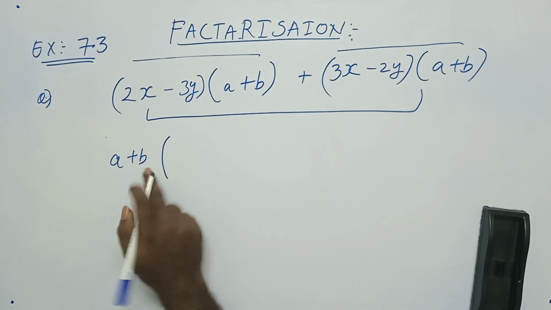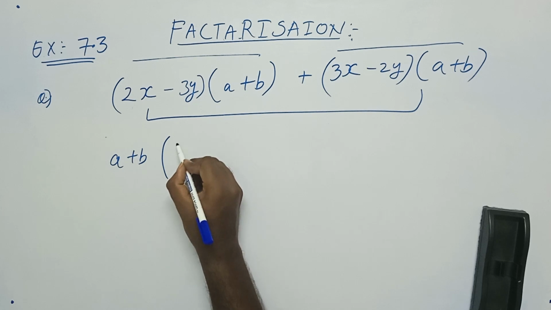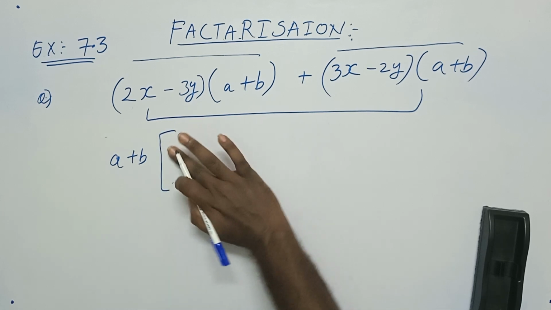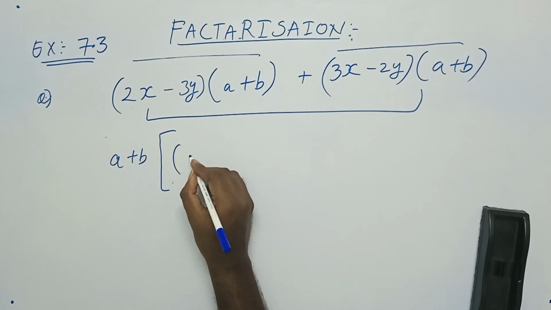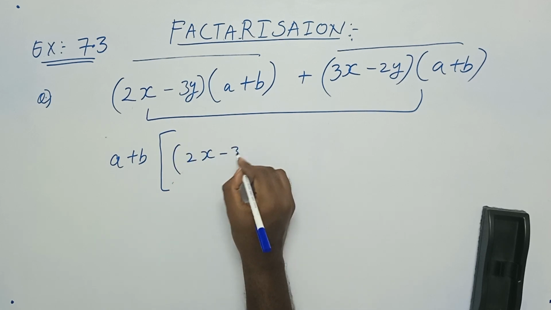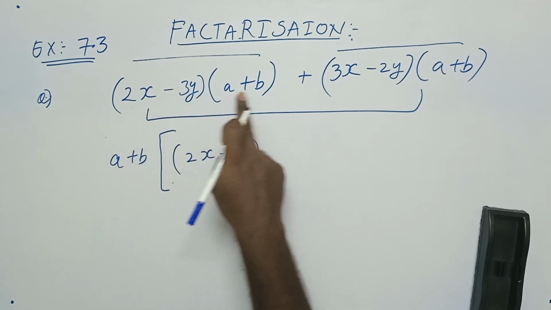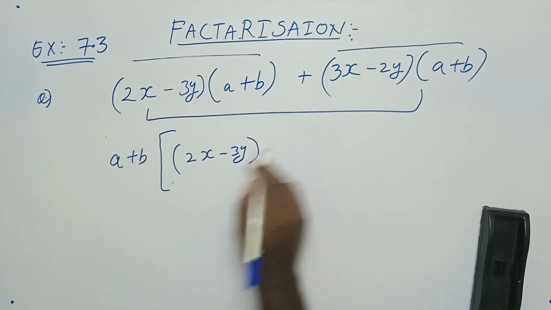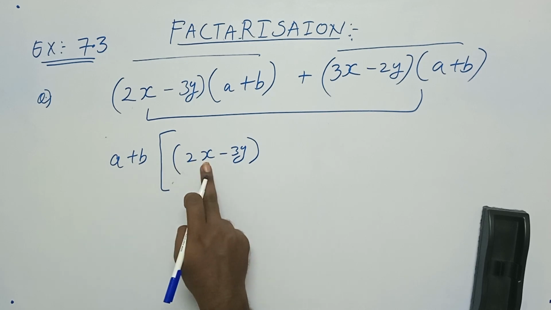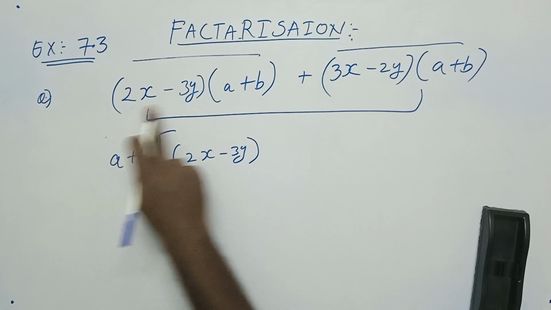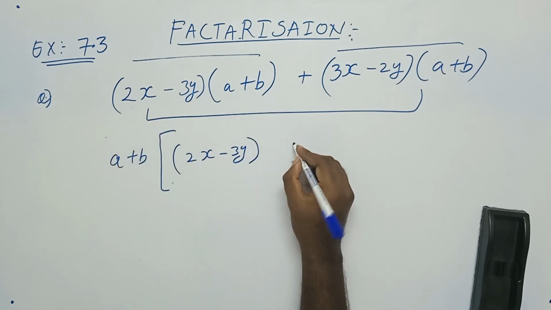So a plus b into 2x minus 3y will be 2x minus 3y times a plus b. And here, a plus b into 2x minus 3y is 2x minus 3y into a plus b. So now we have divided this.